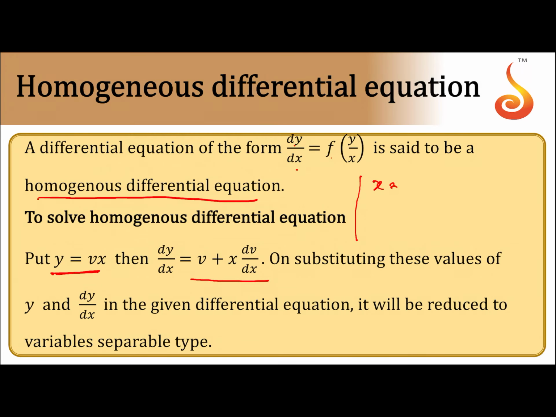If we take x is equal to vy, then we form the differential equation dx by dy is equal to v plus y dv by dy. We use this. So homogeneous is changed to linear. Then we solve it. Changing homogeneous to linear differential equation.